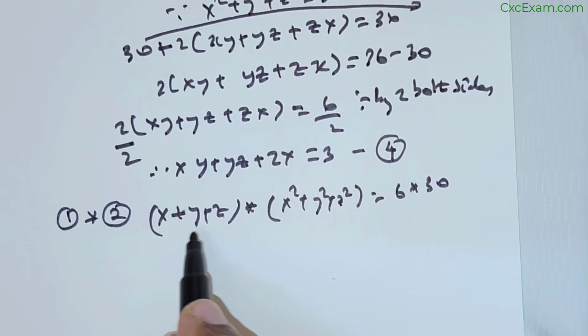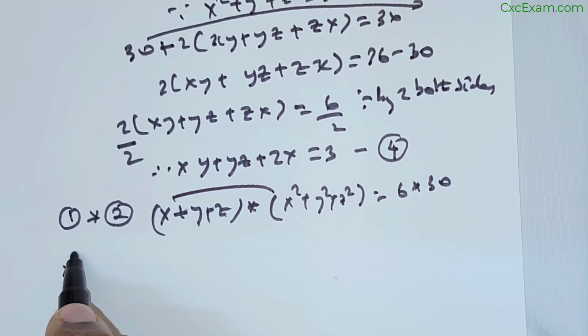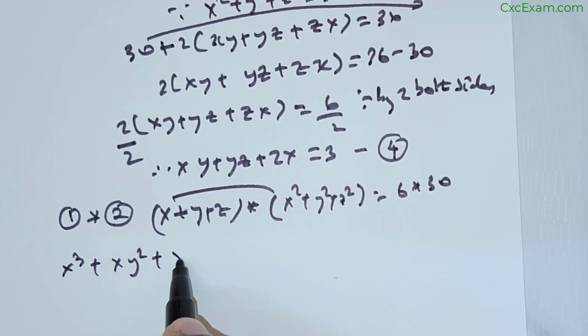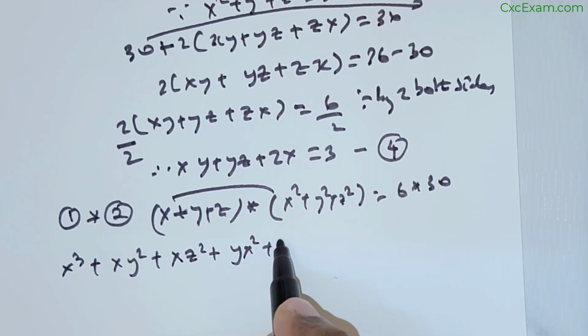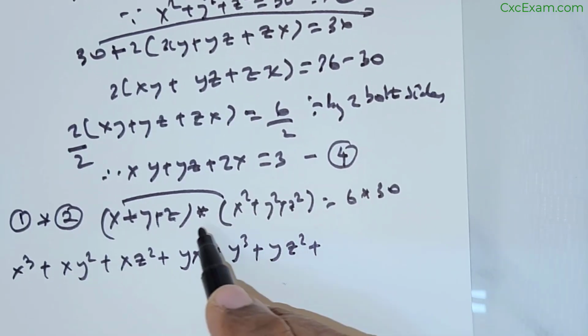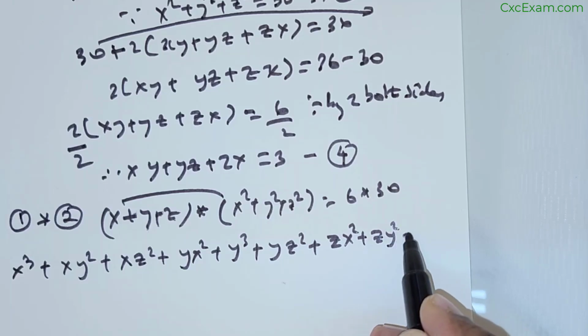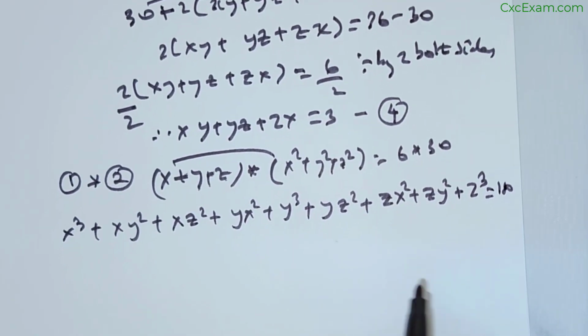You need to multiply: x into x² is x³, plus x into y², plus x into z², y into x², plus y³, plus y into z², z into x², plus z into y², plus z³ is equal to 180.